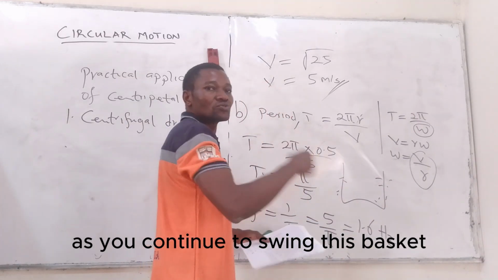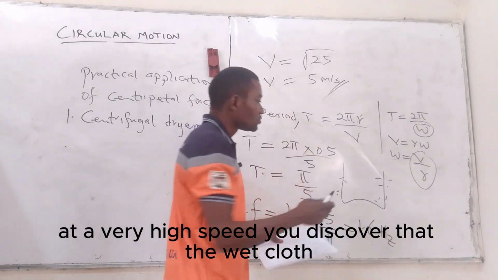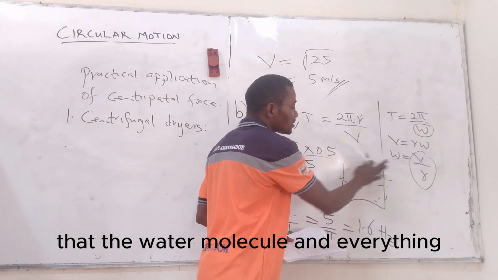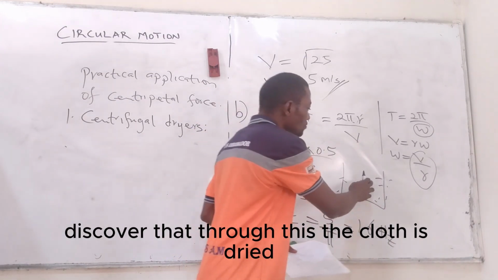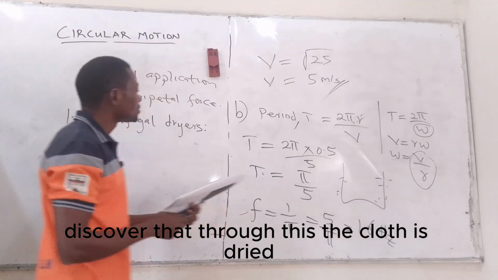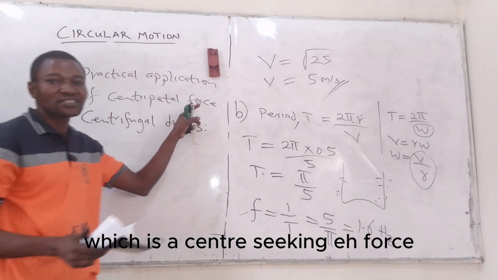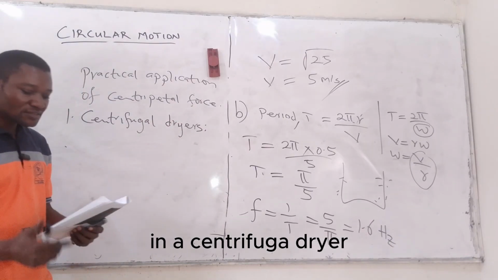As you continue to swing this basket at a very high speed, you discover that the water molecules and everything leave, and through this the cloth is dried. So we use centripetal force, which is a center seeking force, in a centrifugal dryer.